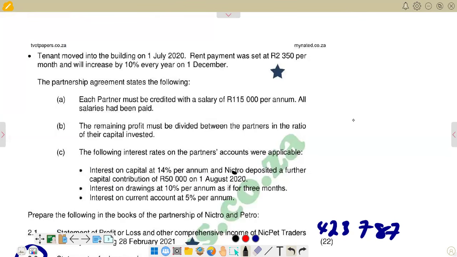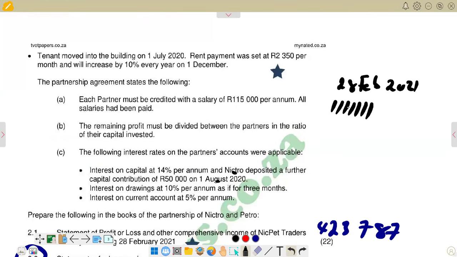So remember, our year is ending on the end of February, which is 28th February 2021. This amount was deposited on 1 August 2020. So we count the number of months that this capital was in the business from 1 August: it stayed August, then September, October, November, December, January, February. Then we count how many months there are.